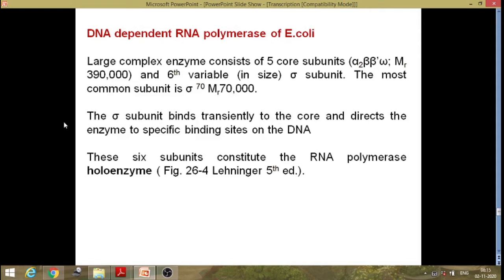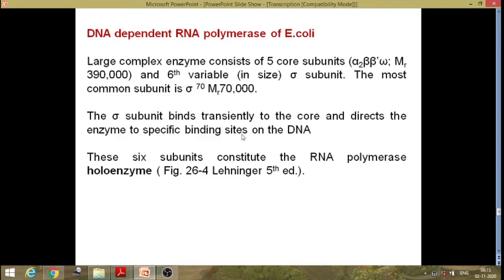But before doing that, let us have a look at the function of the sigma subunit. The sigma subunit binds transiently to the core and directs the enzyme to specific binding sites on the DNA. It is important for binding of the RNA polymerase to the promoter regions of the gene to be transcribed, and for tight binding to the promoters on the DNA molecule.